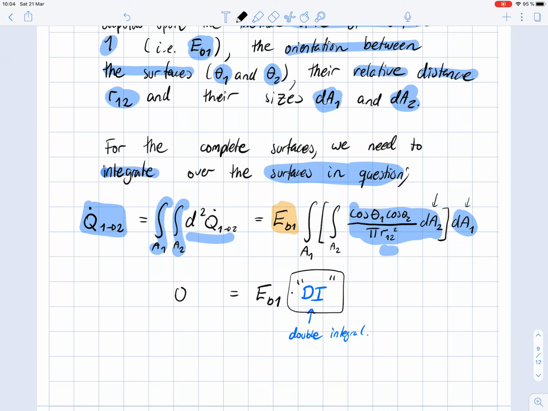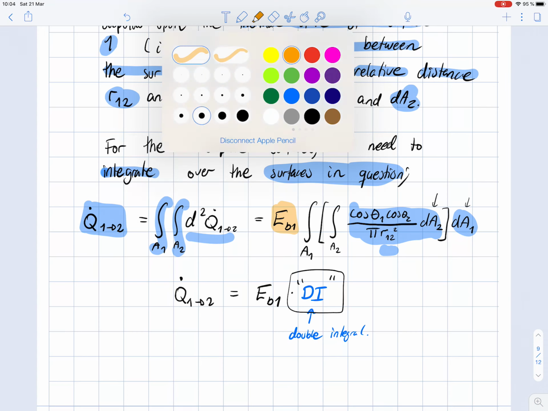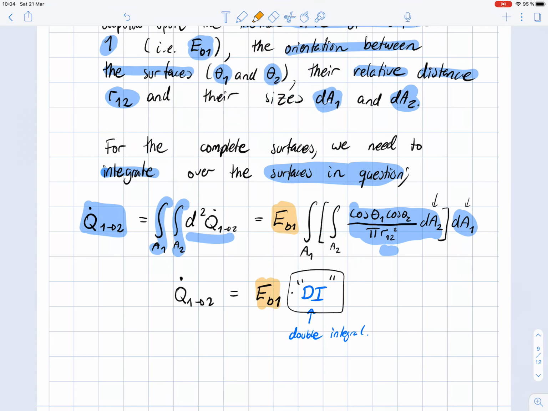So the heat transfer rate from surface 1 to surface 2 equals the black body radiation flux from surface 1 multiplied with this double integral.